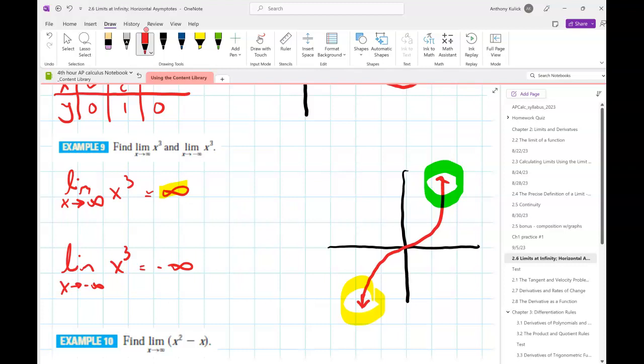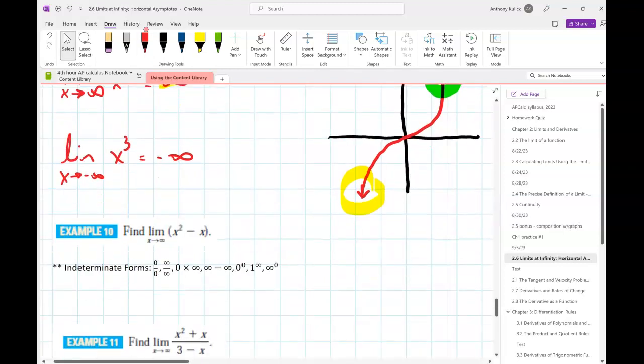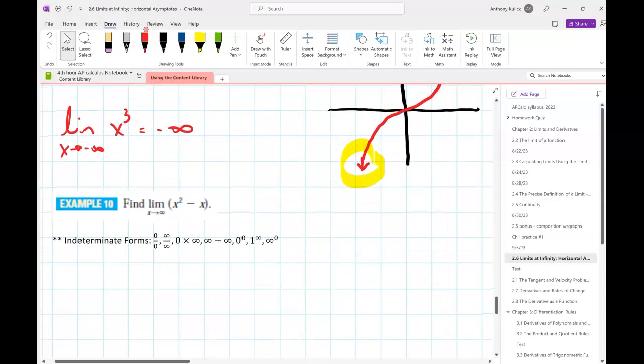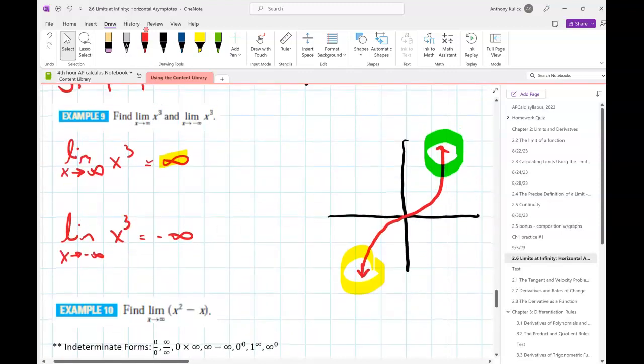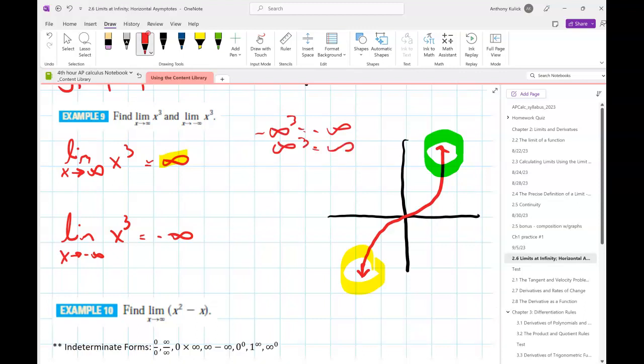Is that okay? All right. Very good. So what's our takeaway here? That in a direct substitution sense, negative infinity cubed is just negative infinity, or infinity cubed is just positive infinity. That's the kind of intuition that you're seeing.